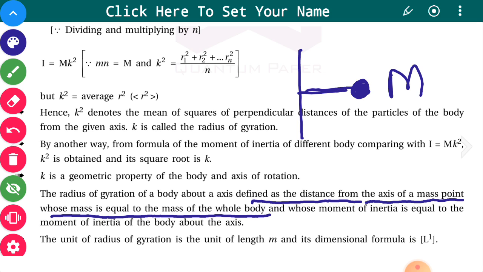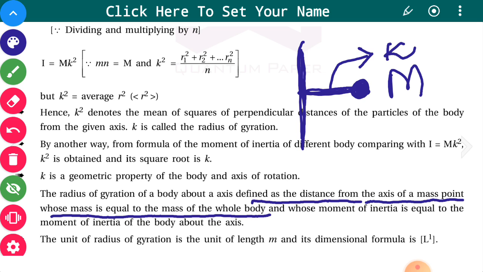So this is the distance at which you are placing the same mass particle whose mass is equal to the mass of our rigid body, and its moment of inertia about this axis of rotation is the same as that of our rigid body. So the distance where you are placing it is nothing but the radius of gyration.